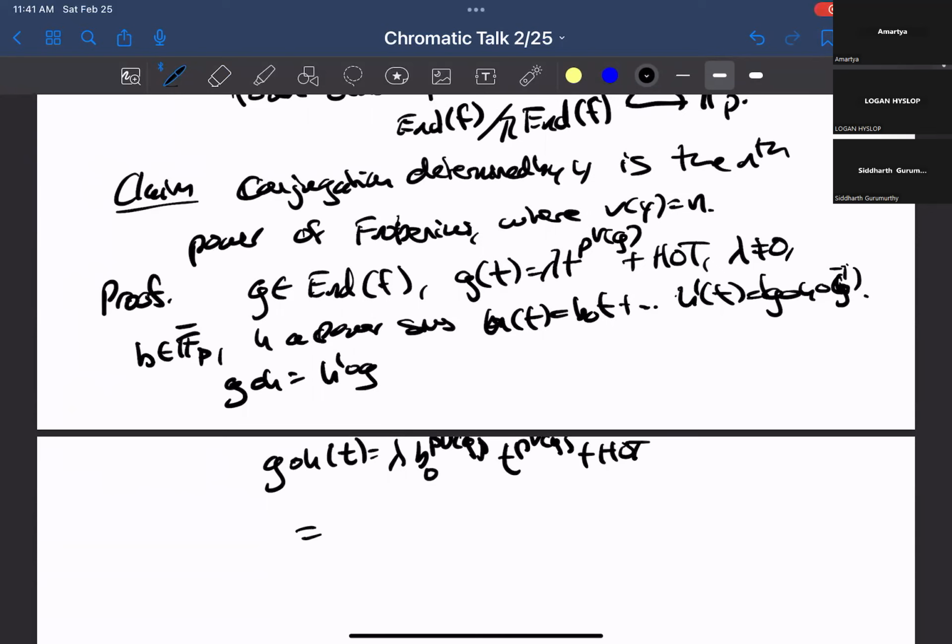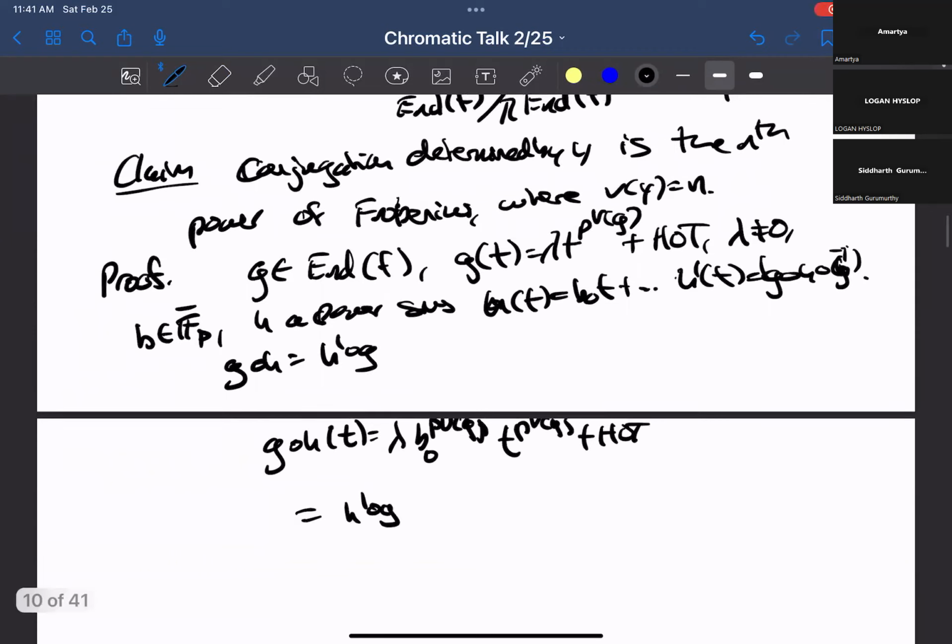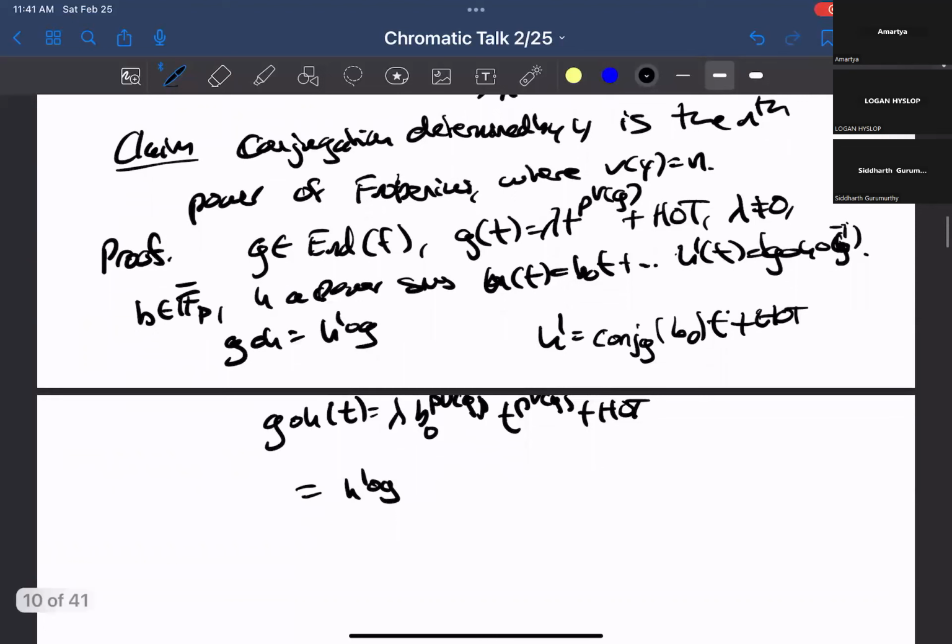And on the other hand, this is equal to H prime of G, where H prime is equal to the conjugation of G applied to B0 T plus higher order terms. And now H prime of G is equal to lambda times the conjugation by G of B0 times T plus dot dot dot.